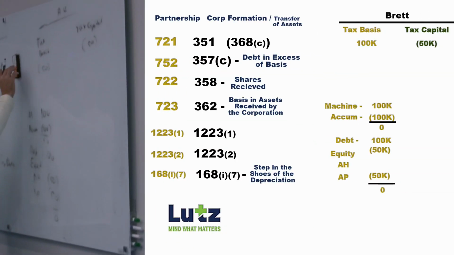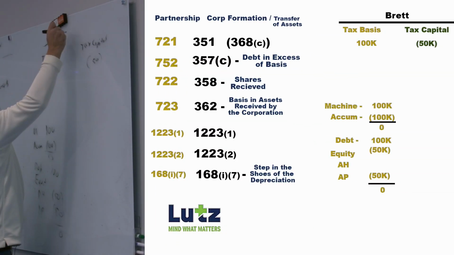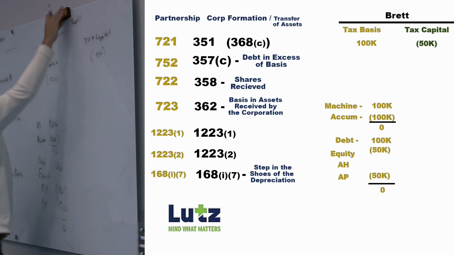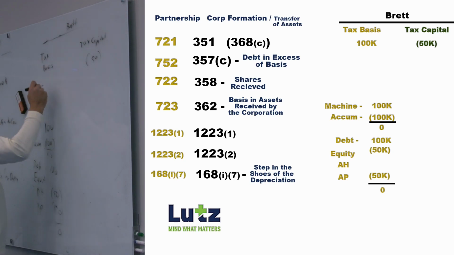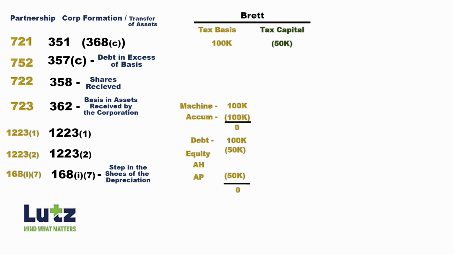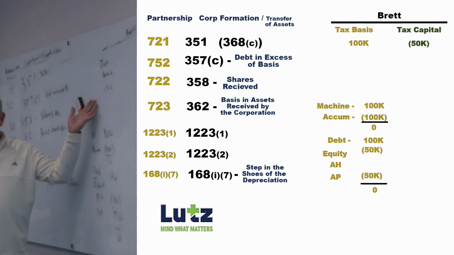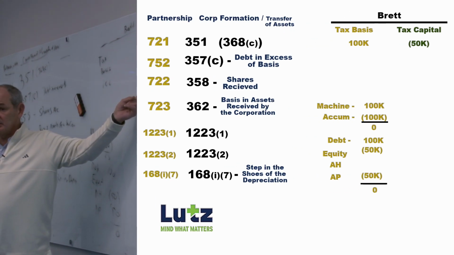Okay, so AH sells to Brett for 100. And now we have Brett as a partner. His due diligence sucked. Brett's outside basis is 100 because that's what he paid, or 150 if we're going to stick with the 752(a). But that outside purchase does not adjust tax capital.